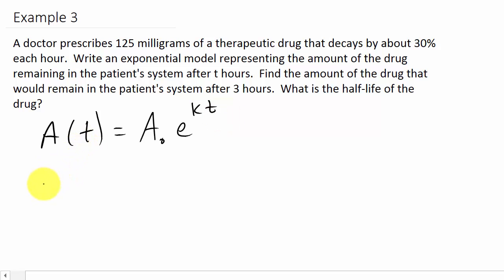So if I have A of 1, I'm plugging in 1 hour for t. That is equal to the amount I started with times e, and in the place of t I'm going to put 1.